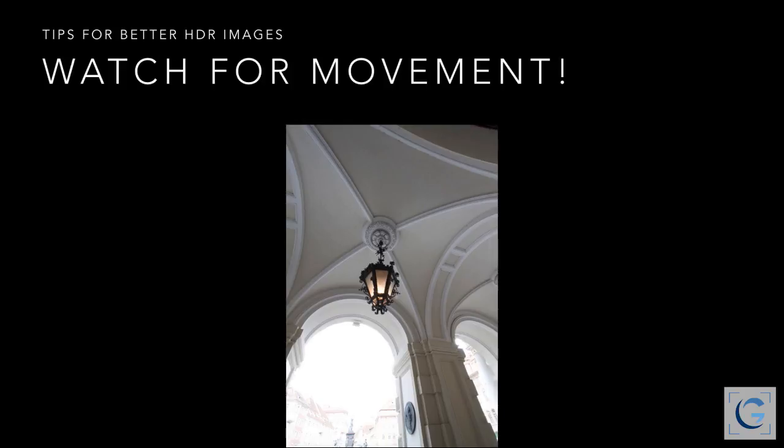And so the software can process that duplication and remove the ghosting, usually. The results are usually pretty good, but I'd rather try to avoid that altogether if possible. So in a case like this, perhaps if I waited for there to be no breeze, for that lamp to settle down, then I could capture a sequence of images a little bit more quickly while there's a little bit of a pause in that movement.